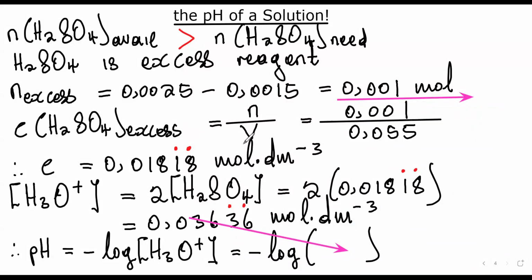When you find the negative logarithm, you find that the pH of the solution will be 1.44. Very, very important.